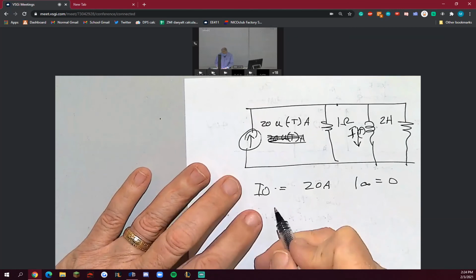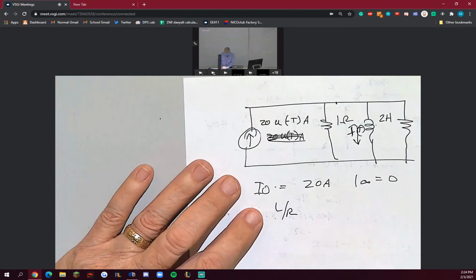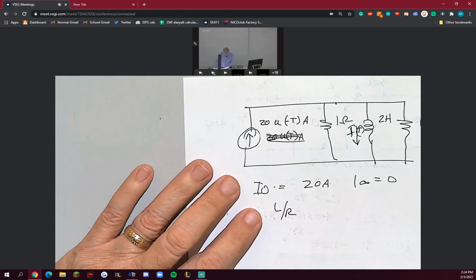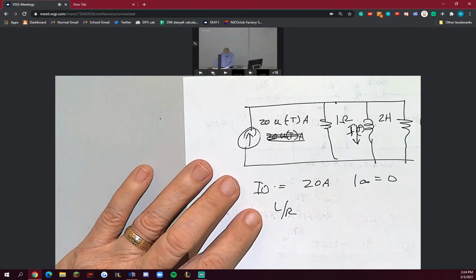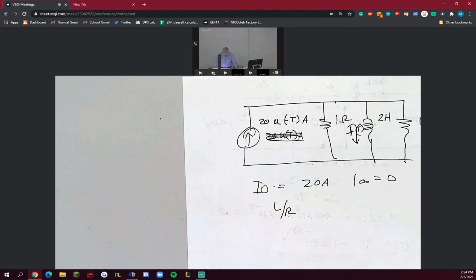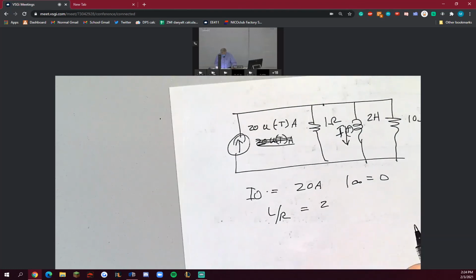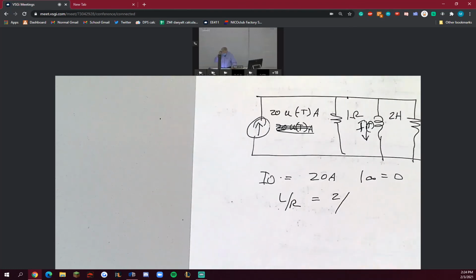Now what's L over R? L is equal to 2, and R is equal to 10 in parallel with 1.